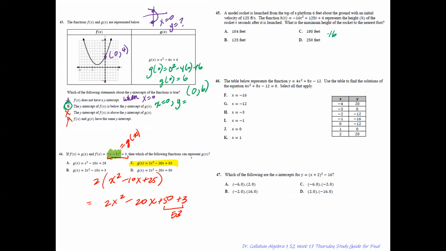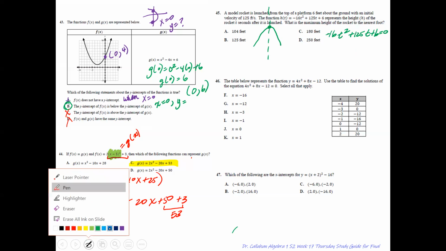So we're going to take negative 16t squared plus 125t plus 6, set it equal to 0. Actually, no, we're not going to do that. Maximum means that it's going to launch like this. That part right here is the maximum.